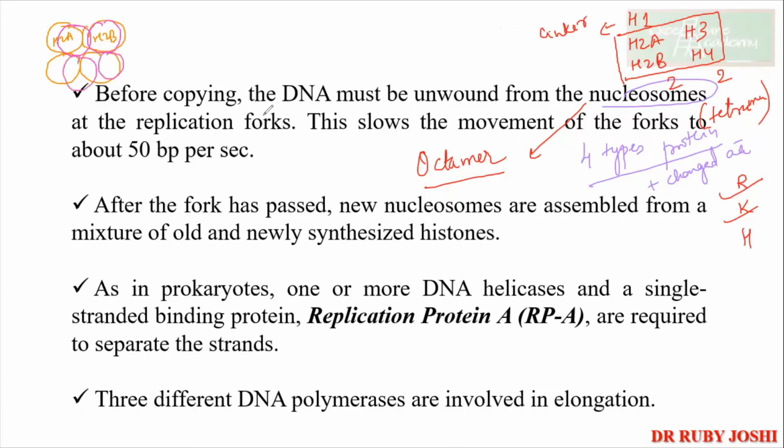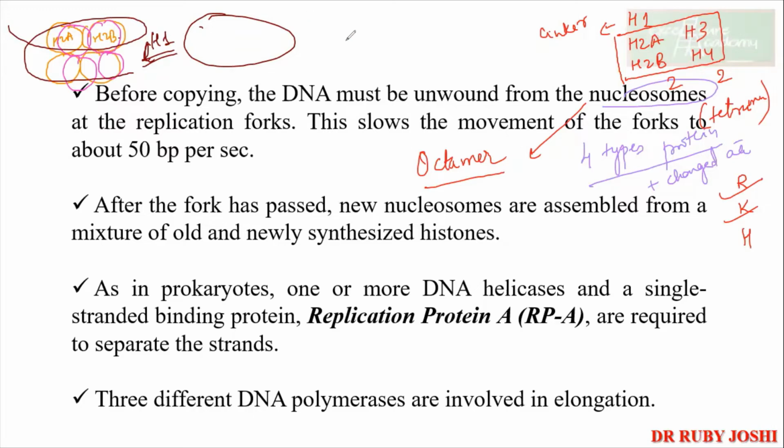So like this you have the octamer, and your DNA is bound around it. This is one nucleosome, and similarly there will be another, and between the two you have the H1 linker. Is that clear? I am not that good at drawing, but I'm sure you must have seen it.